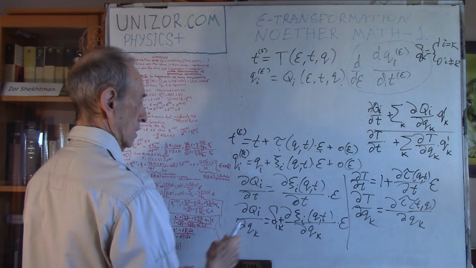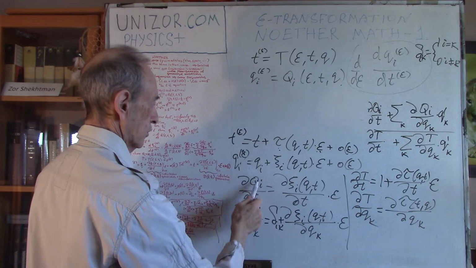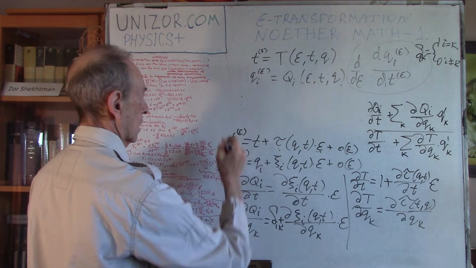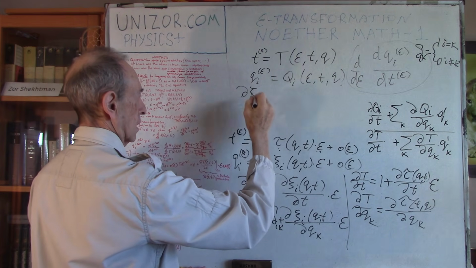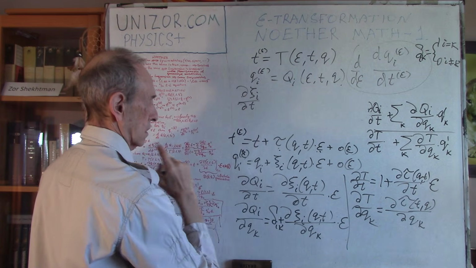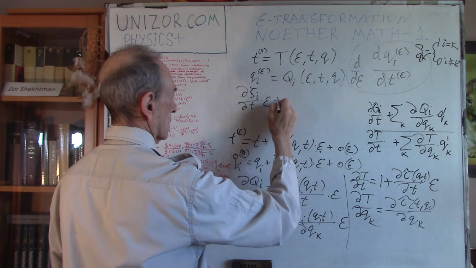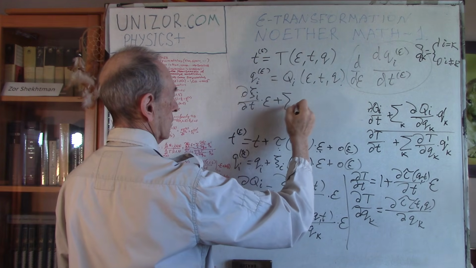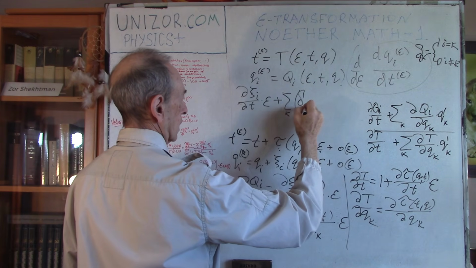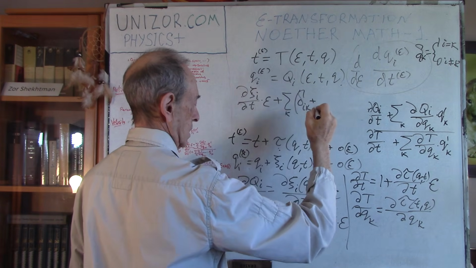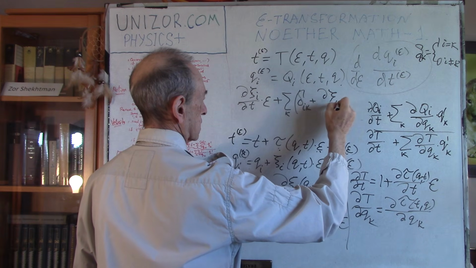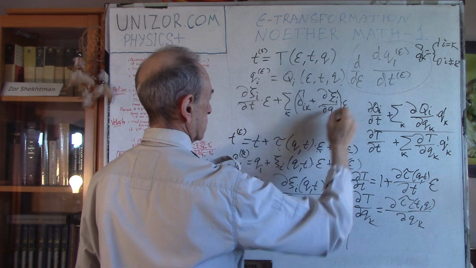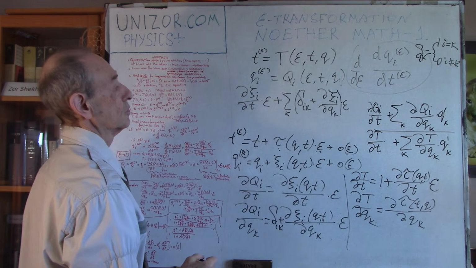My numerator would be dqi by dt, which is this one, and that would be dxi by dt times epsilon plus sigma over k of delta ik plus dxi by dqk times epsilon. That would be my numerator, sorry.